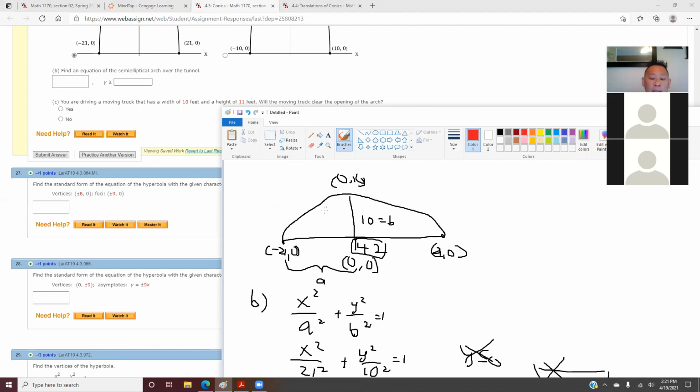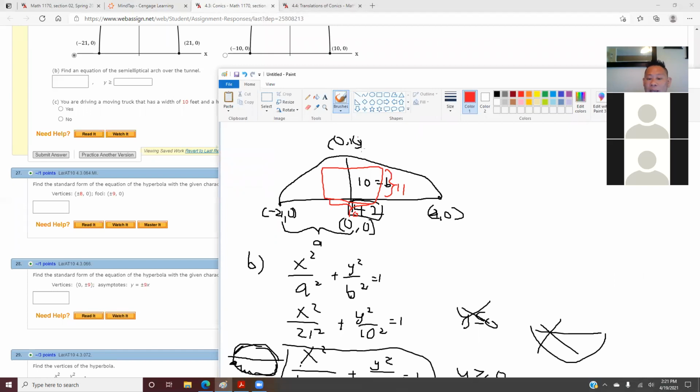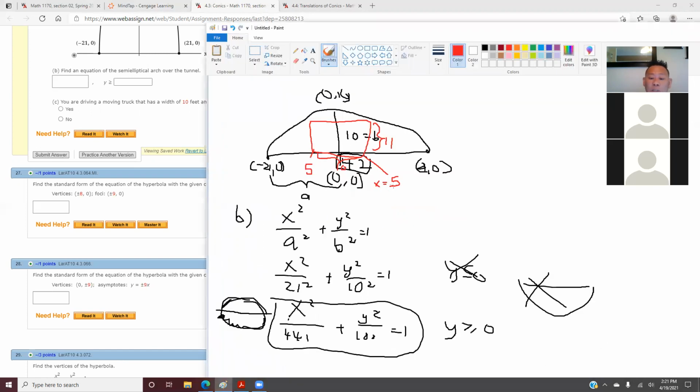So this truck is the red one, and it is 10 feet wide and 11 feet tall. Since you drive in the middle, this becomes 5 on each side because the width is 10. So we just need to put x equals 5 into this equation and figure out what your y value is.